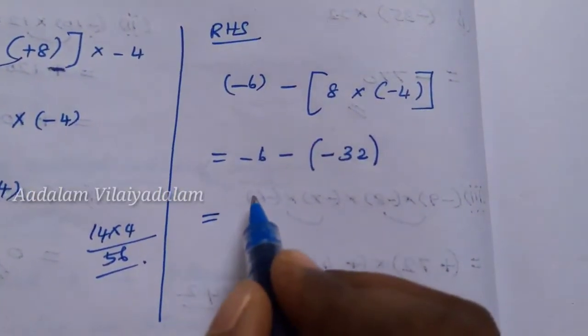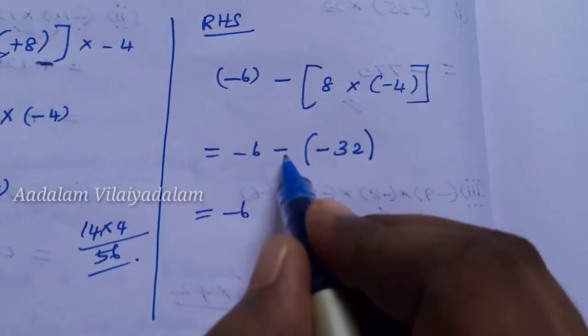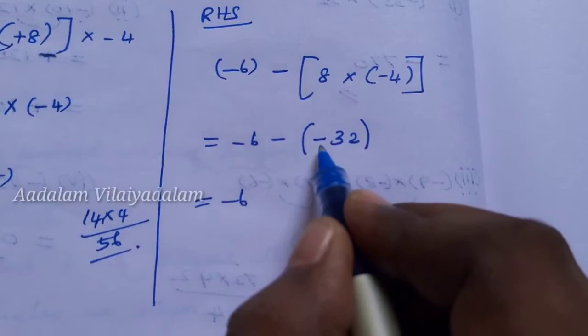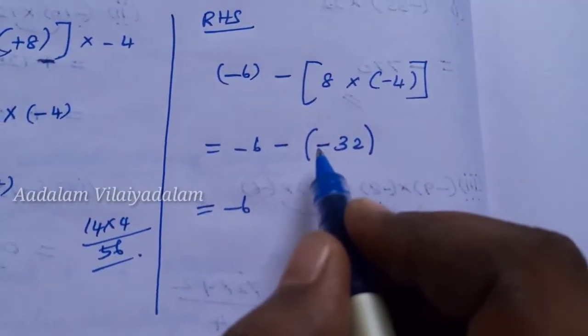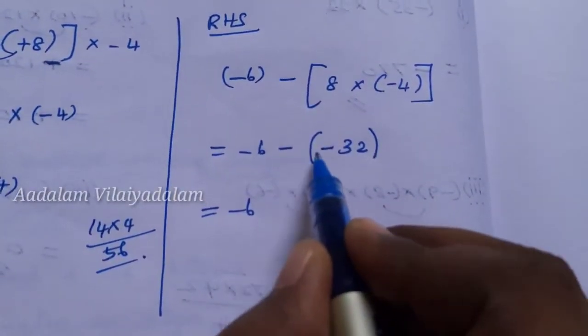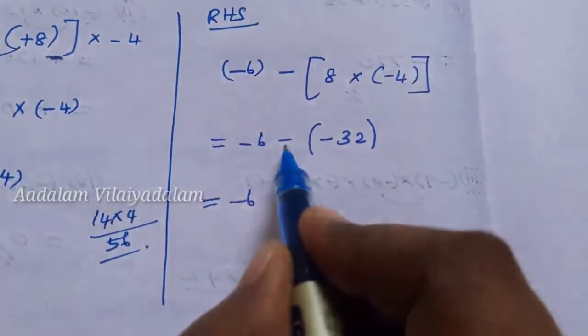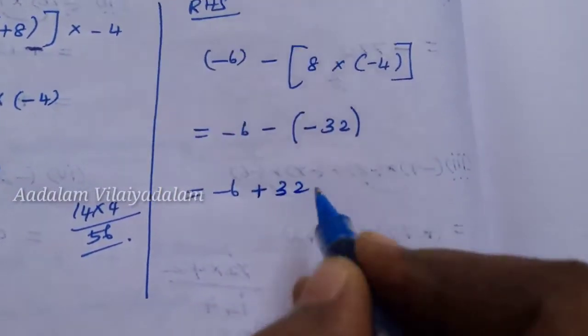Now look here. Here minus 6 is given. For the minus, there is also one more sign nearer. So if two signs are nearer, then what I told you to do is the multiplication. That means minus of minus 32. Therefore minus into minus will get plus 32.